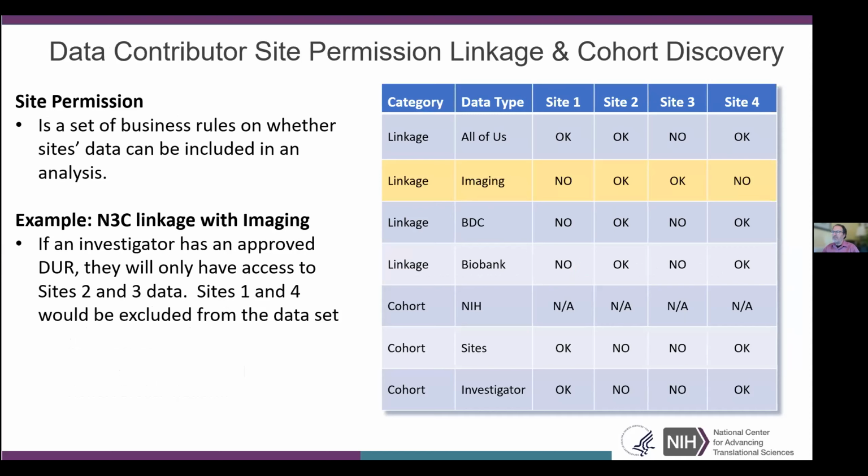So if an investigator got access to N3C data and we're going to link images, the data that would be included in their set would include Duke data, their site, but not UNC data. And this grid or lookup table will be controlled by the data contributing institutions.